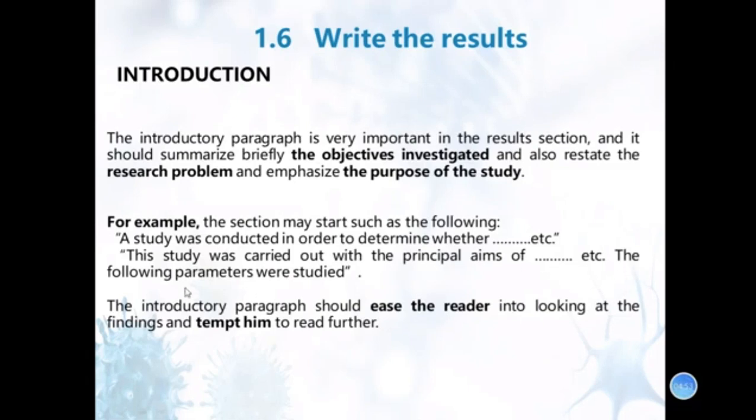The following parameters were studied. The introductory paragraph should ease the reader into looking at the findings and tempt him to read further. So, for the introduction part of the results, you have to spend more time to finish it.